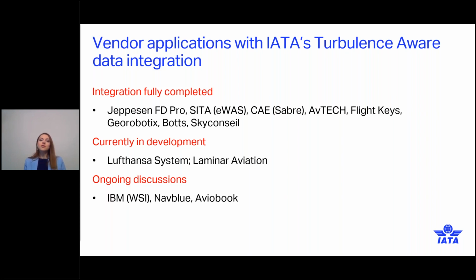Also, it's available in Flight Explorer by Sabre, Aftec, Flight Keys, and several other widely used tools by pilots and dispatchers. And we are continuously working with more and more integrators to make the data operationally available through different tools for the convenience of the airlines, because nobody wants an extra application, an extra window open to just look at turbulence. Everybody wants to have an integrated view of different weather layers or other operational data layers to have a comprehensive picture. So next slide, please.